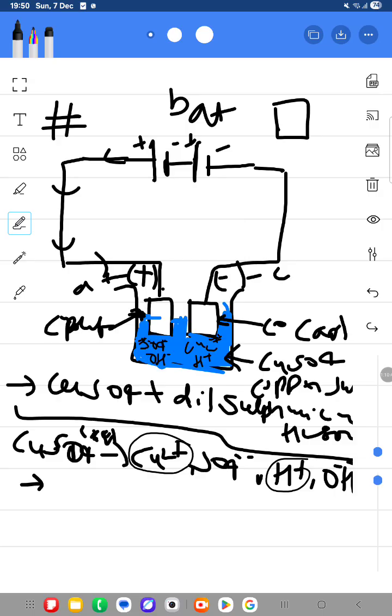What will happen? The negative charges will get attracted to the positive terminal, and the positive charges will get attracted towards the negative terminal.